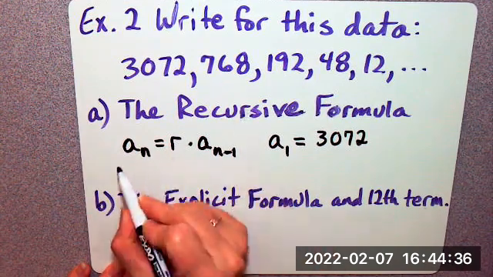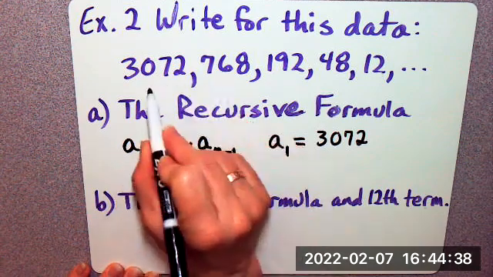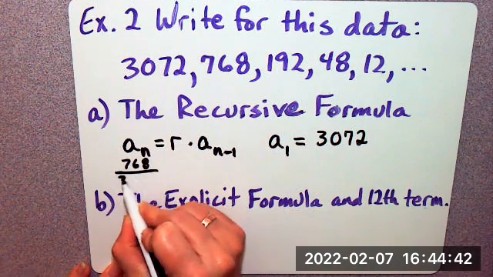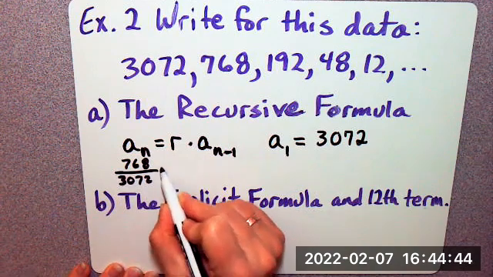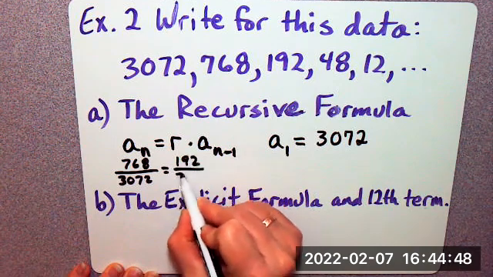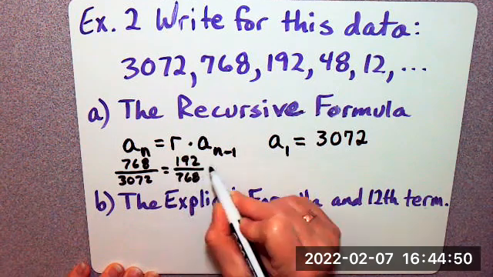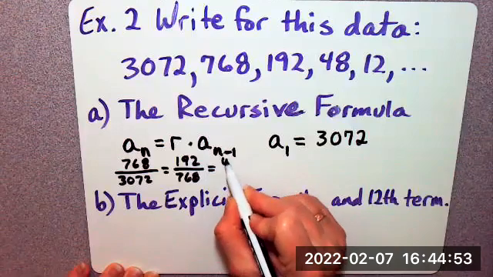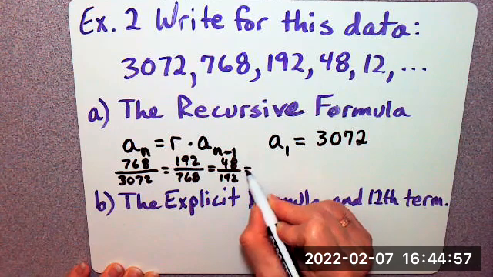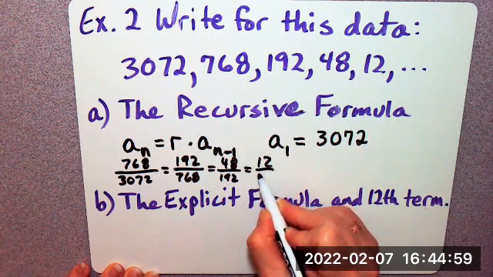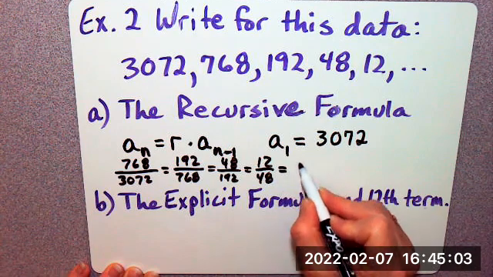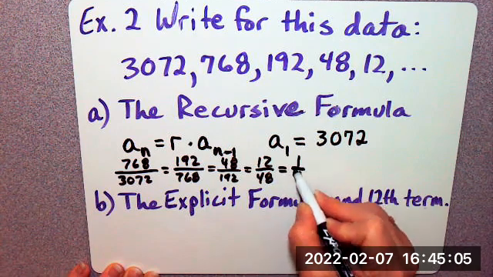So r is going to be this term over this term, 768 over 3072. That should equal 192 over 768, and that should equal 48 over 192, which should equal 12 over 48. That's easy, that's 1 over 4.